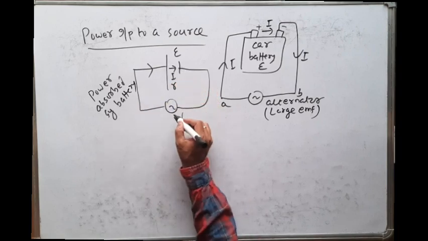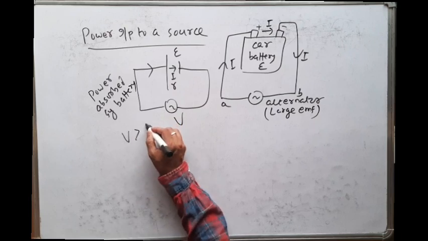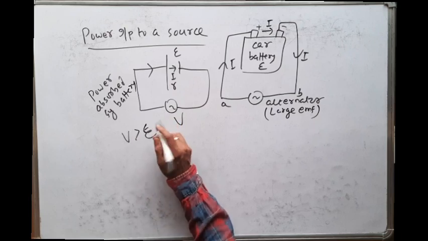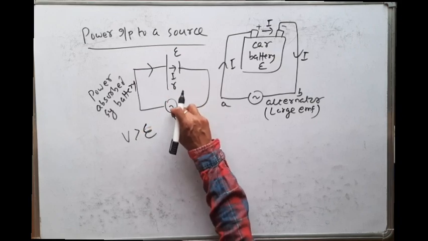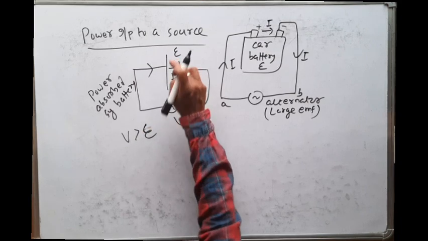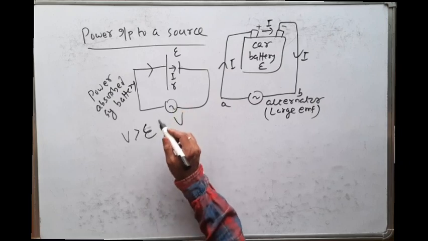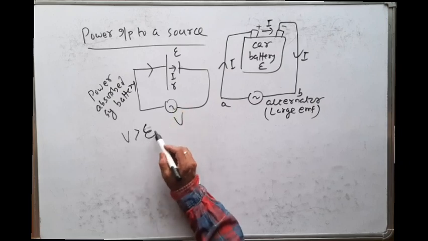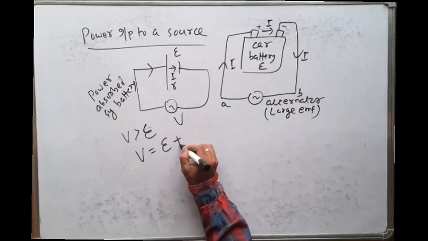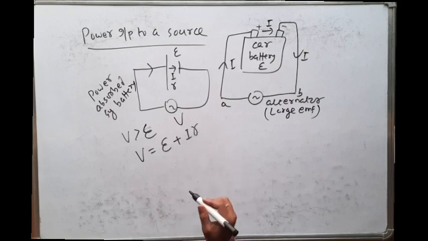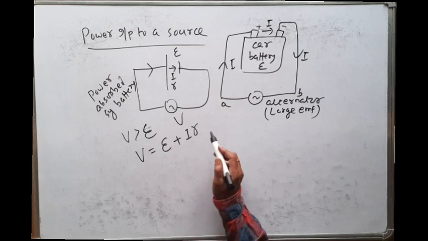That means here V is greater than the EMF of the battery, because this must be greater than this E. Since V is greater than E, V is equal to E plus some drop, and the drop is IR. So V is equal to E plus IR.